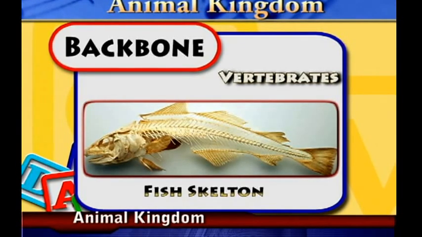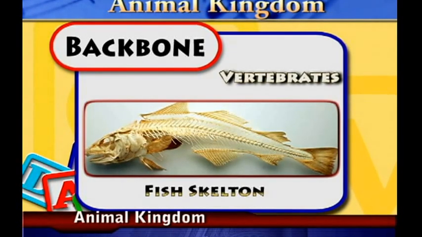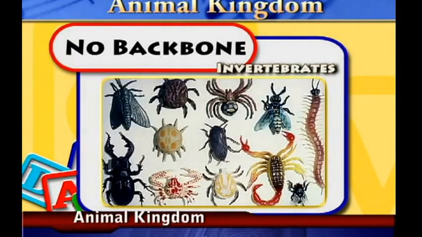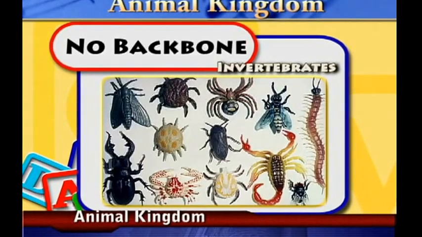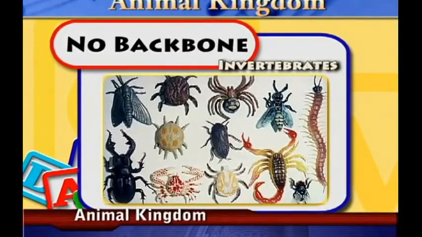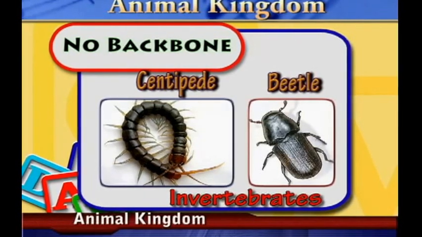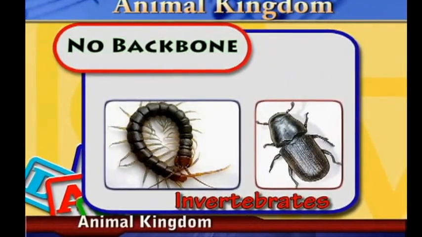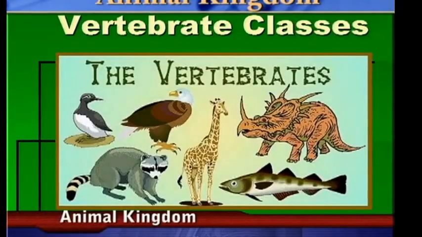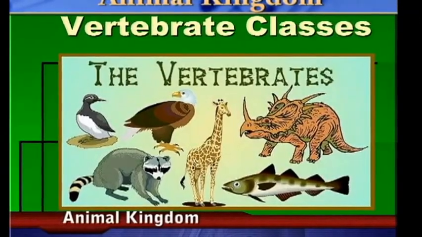And then there are also animals which do not have a backbone, and these ones we call invertebrates. As you can hear, one is called the invertebrate, meaning that they do not have the backbone, and another one is called the vertebrate, meaning that they have the backbone.